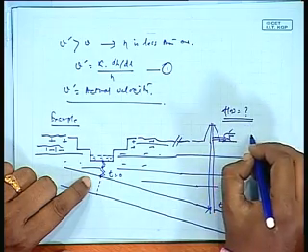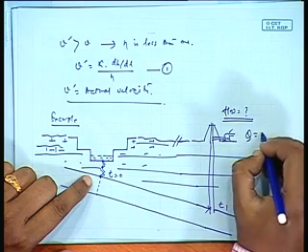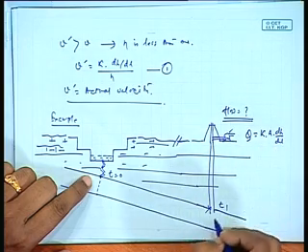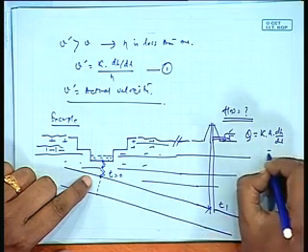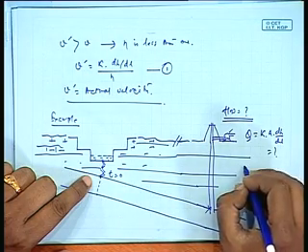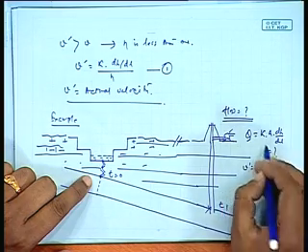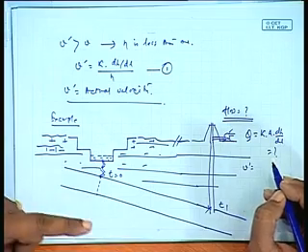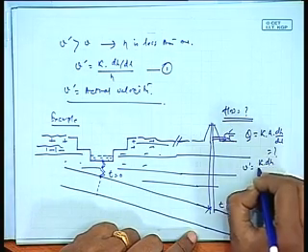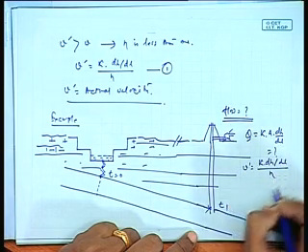The flow can be measured as I have said, like K into A into dH by dl. From this flow we can find out the actual velocity, which would be K dH by dl divided by porosity.